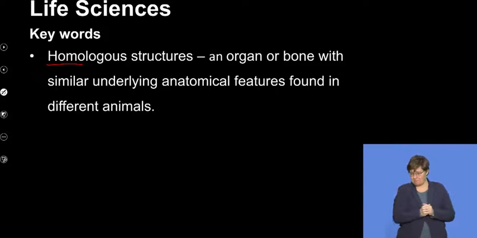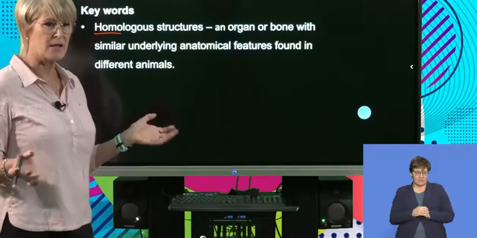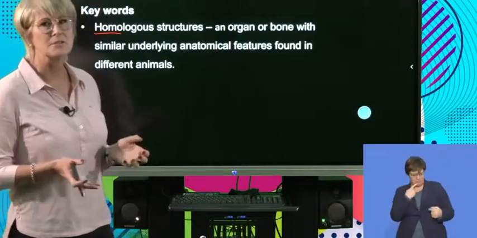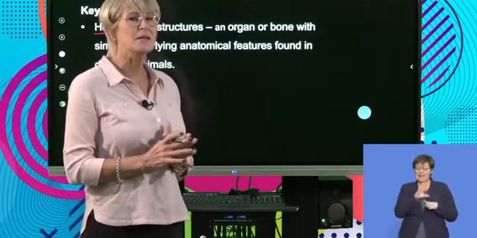Okay, so homologous means similar structures. If we have a look at certain organisms, we might find organs or bones that have similar underlying anatomical features that are found in these different animals. So although they on the outside look different, there might be something inside their bodies that is common.